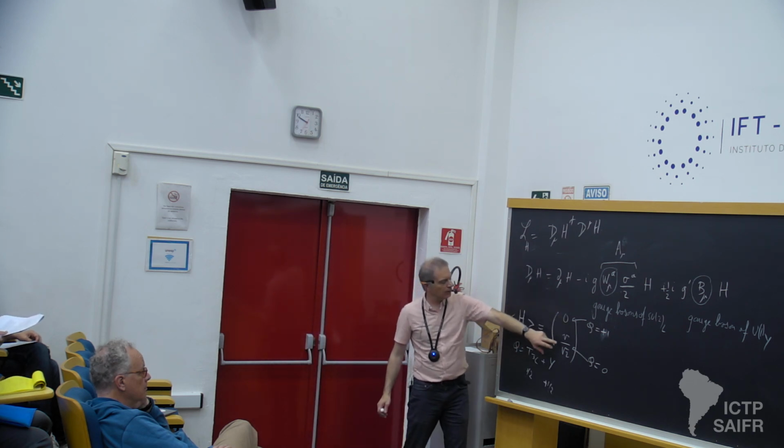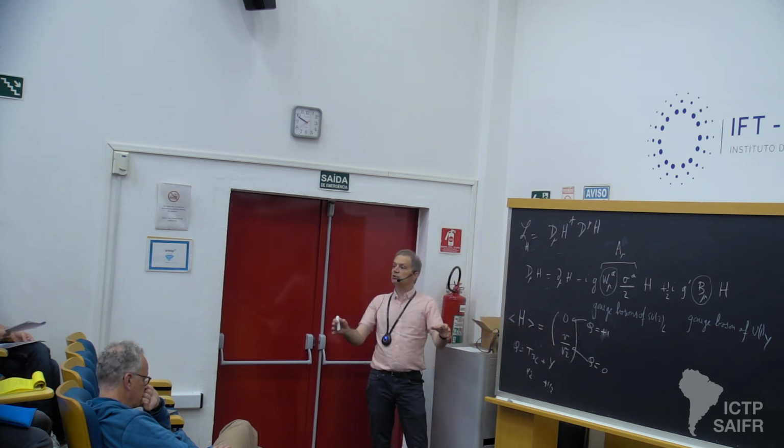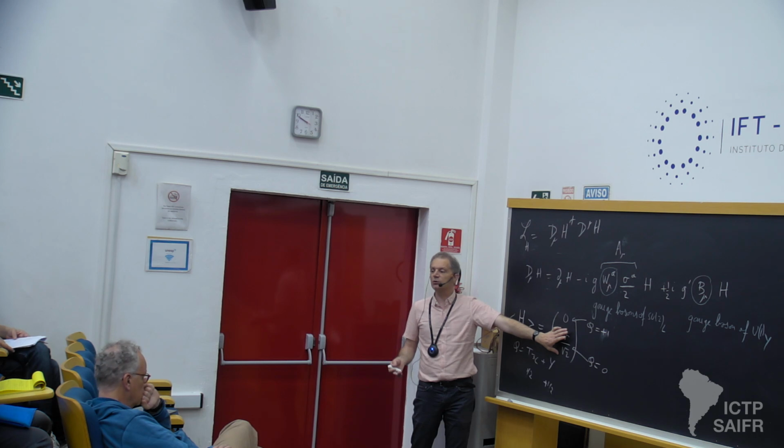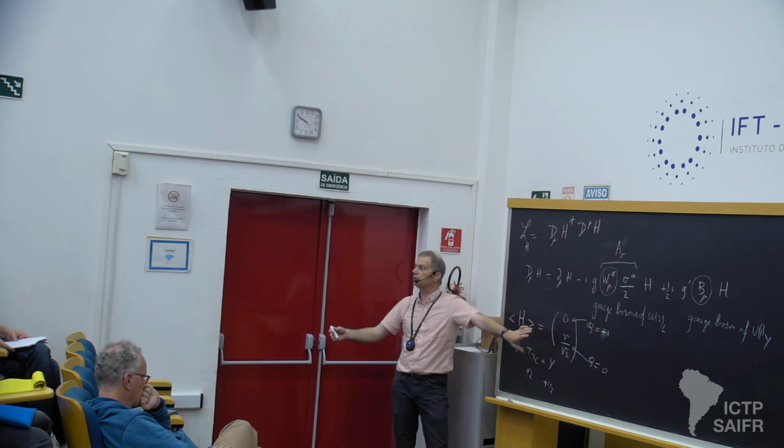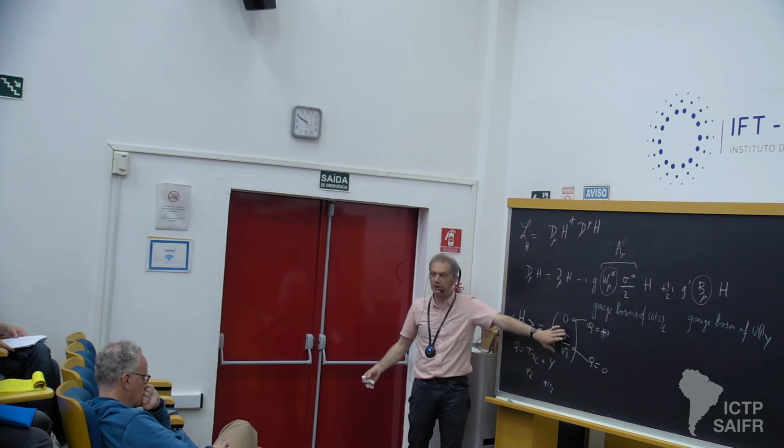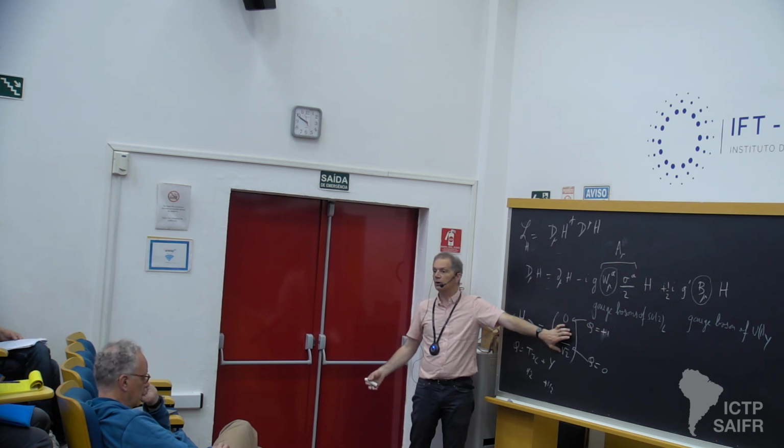Because if you have an object that doesn't carry an electric charge, you acquire an expectation value. And since this object doesn't transform under electromagnetism, because its charge is 0, it means that this expectation value fully respects electromagnetism. So this object is invariant under electromagnetism.